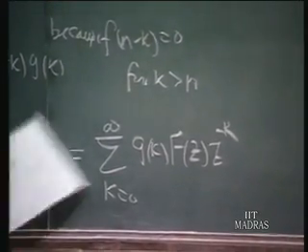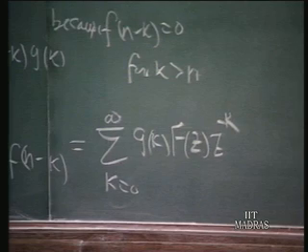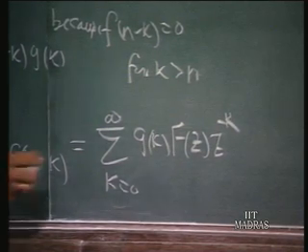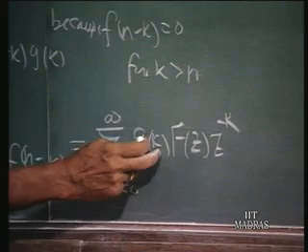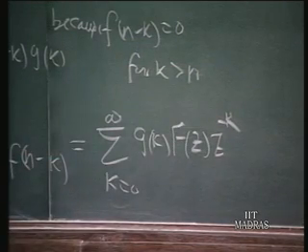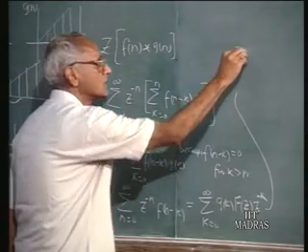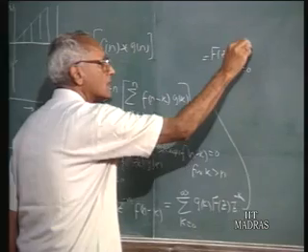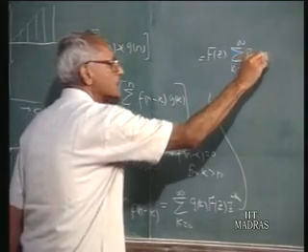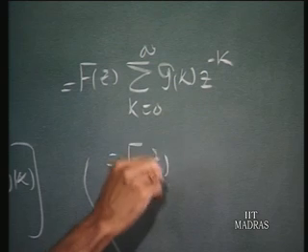In this summation, f of z is a constant that can be pulled outside, and all you are left with is f of z multiplied by the sum over k equals 0 to infinity of gk z power minus k. That is, after all, the transform of g of k, which is indeed f of z, g of z.